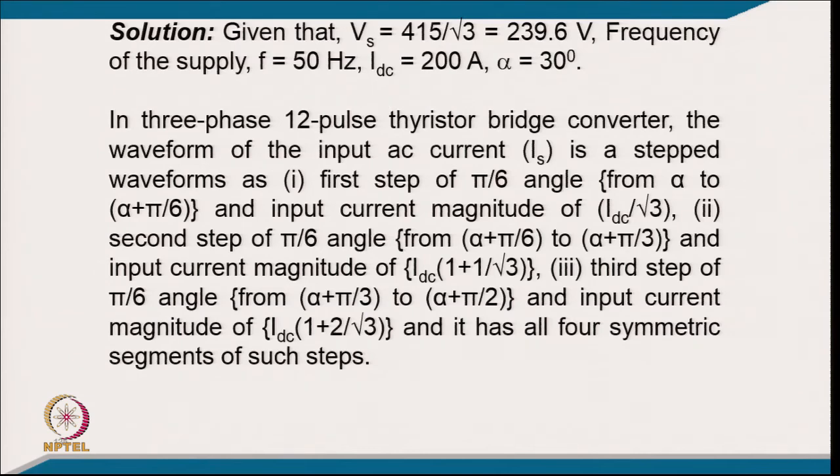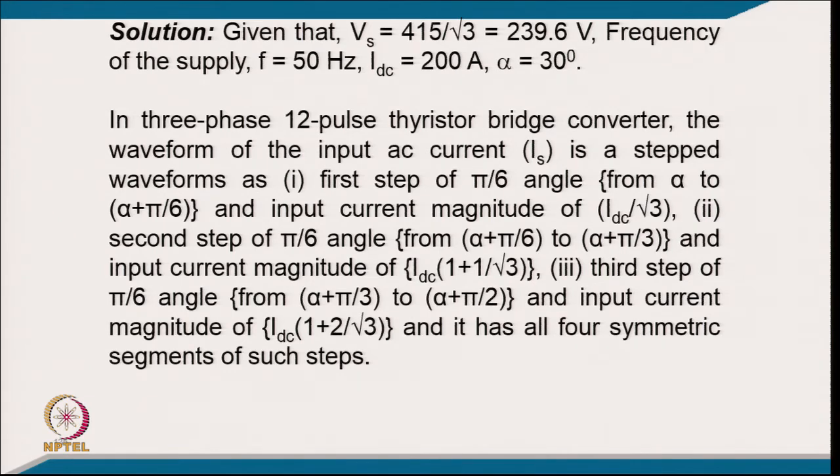So, coming to the solution, given that Vs equal to 415 by root 3, that is 239.6 volt, and frequency of 50 hertz, and ID, your DC side current, is 200 ampere and firing angle 30 degree. In a 3 phase 12 pulse thyristor bridge converter, the waveform of the input AC current is a step waveform.